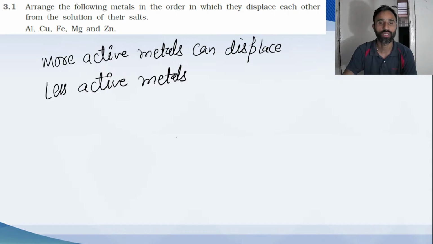More active metal can displace less active metal. So those which are more active can displace the less active metals.